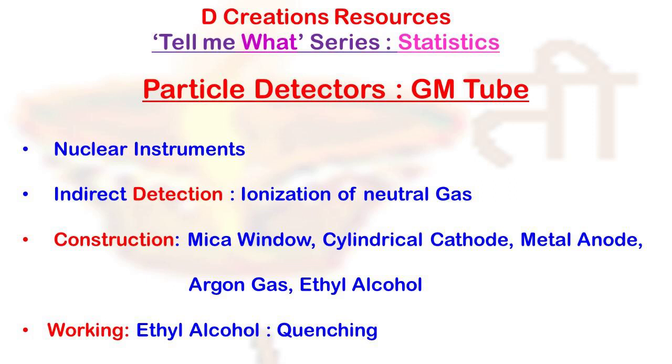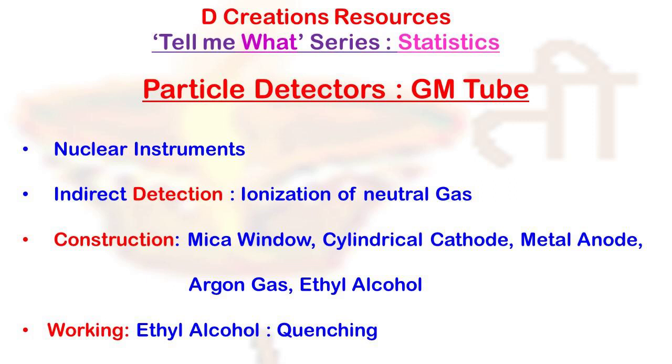So this particular process of preventing the undesirable continuous avalanche is basically quenching. So here you want to eliminate this accumulation of positive ions around the cathode. So this ethyl alcohol vapor that was mentioned earlier, 10% of ethyl alcohol, C2H5OH, is going to prevent this undesirable continuous avalanche by taking care of those secondary electrons.